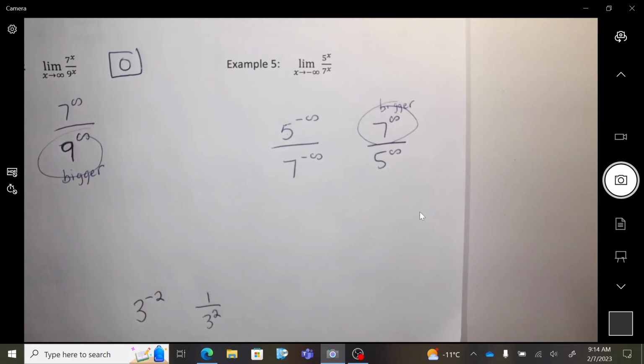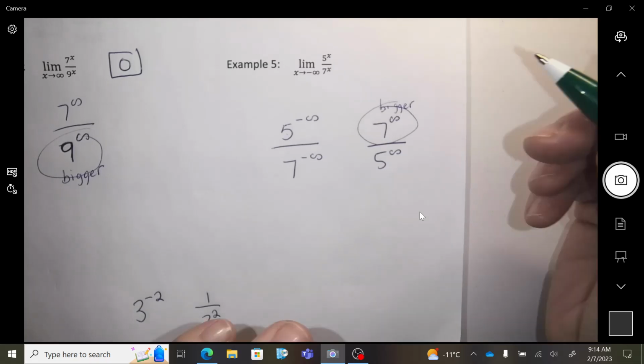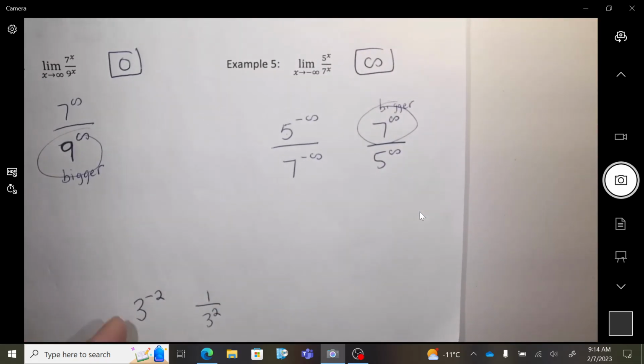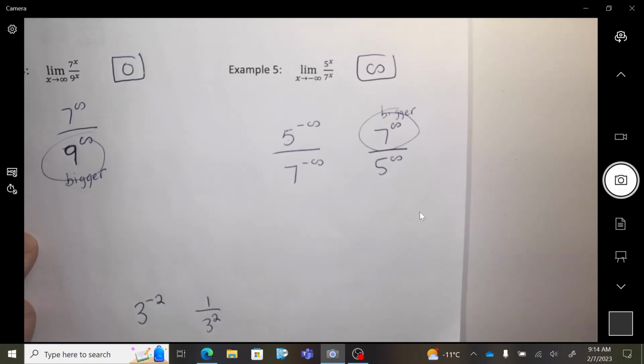So what is your conclusion, thinking about math? When the top number gets bigger, your number will do what? It'll just get bigger. So if the top gets bigger, your number just gets bigger.